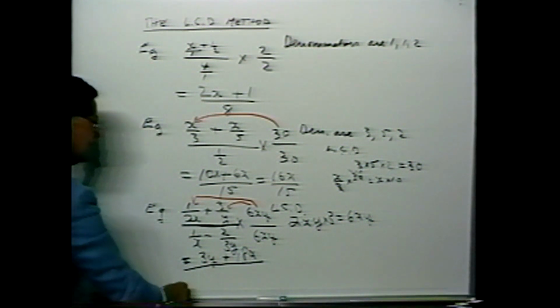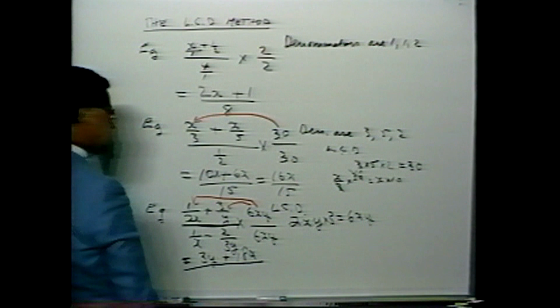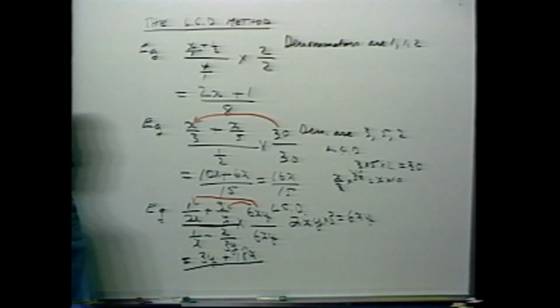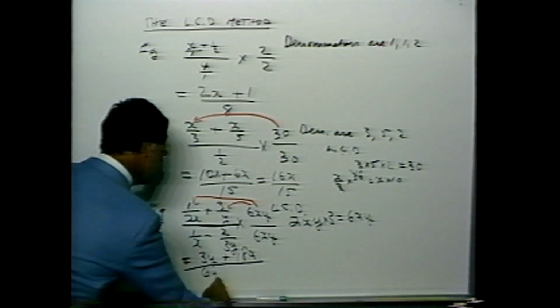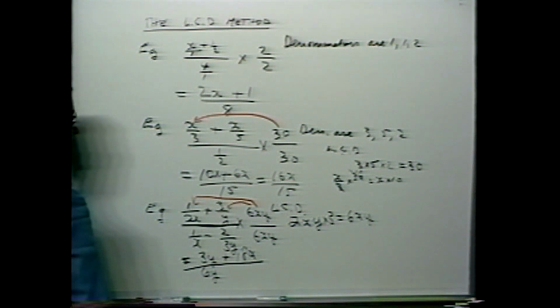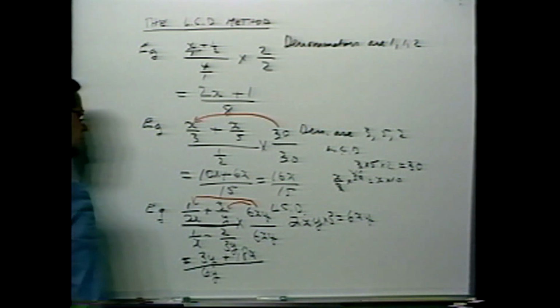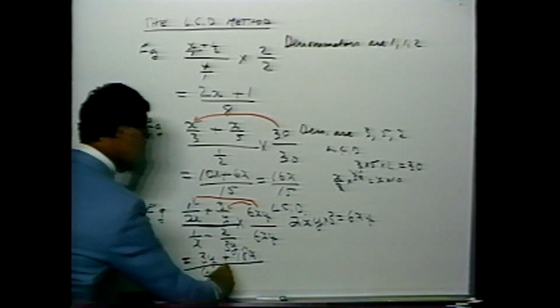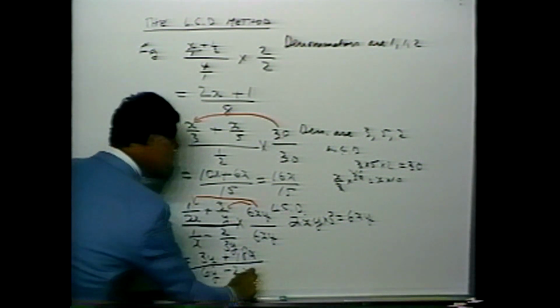On the bottom, we have 1 over x times 6xy. That'll be 6y. And finally, 2 over 3y times 6xy is equal to 2x, this is minus 2x.